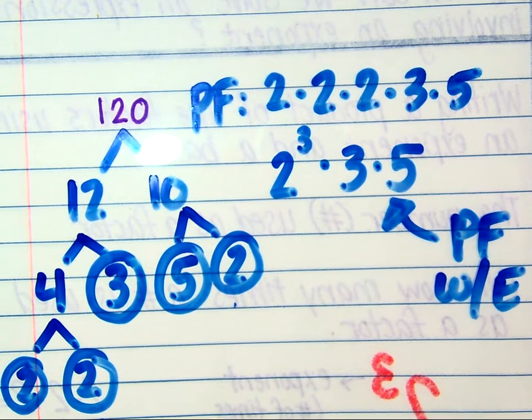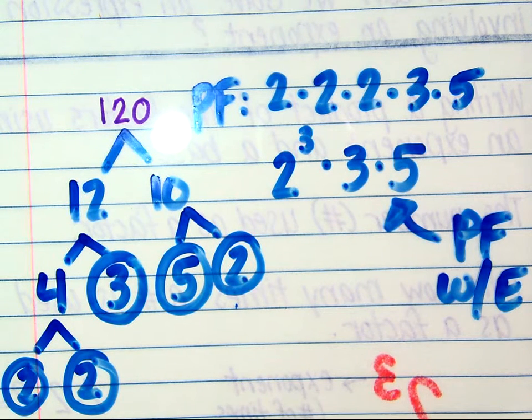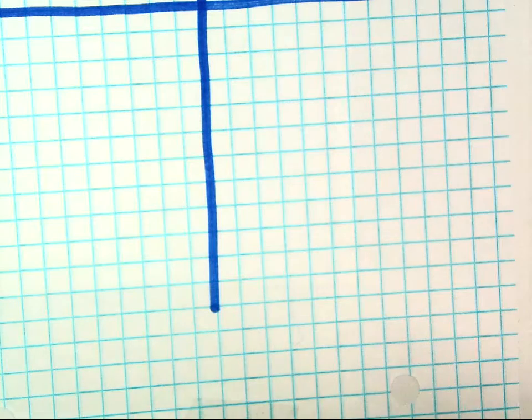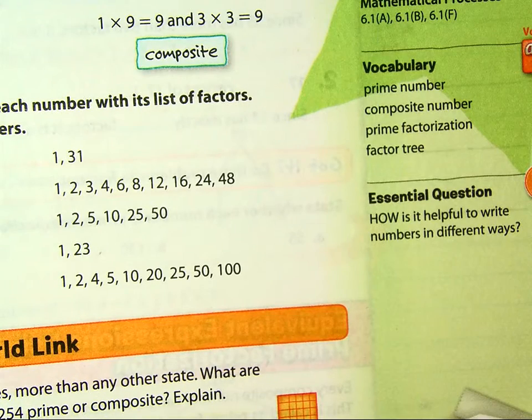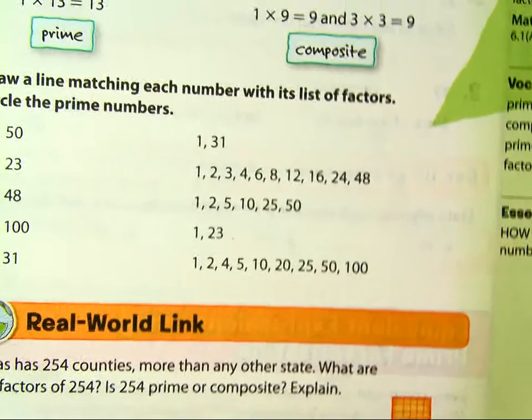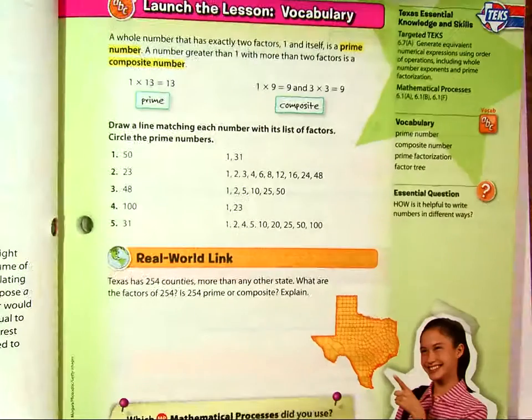Now we're going to go ahead and go to our textbook, and we're going to work on an assignment from there. The textbook starts at page 511. It goes over, similar to what we did, vocabulary terms here.